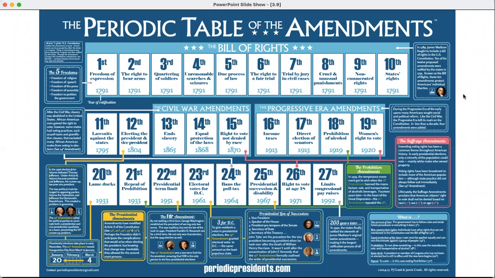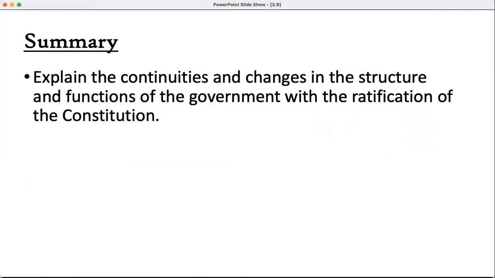So there's a great image and website called periodicpresidents.com, which has this periodic table of the amendments. It's really helpful. Okay, so that was brief. That was possibly a little bit confusing. The Constitution is such an important document that I fear it's difficult to understand just hearing it.